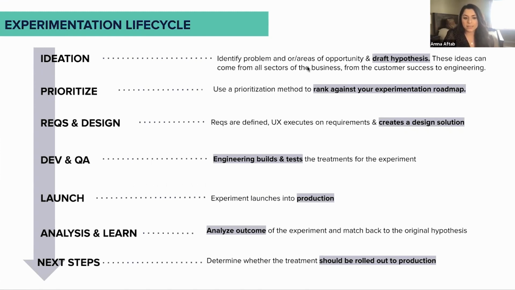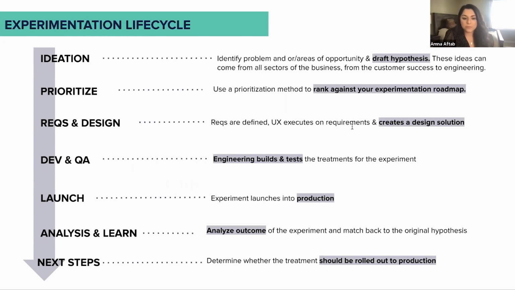And next is prioritization. So once a viable hypothesis has been drafted, the idea must be prioritized against all of your other experiments. Obviously, ideally, you should have an already healthy backlog of experiments to prioritize against. Prioritization is most often based off of a variety of different factors, but the main ones are usually business value, level of effort, and confidence.